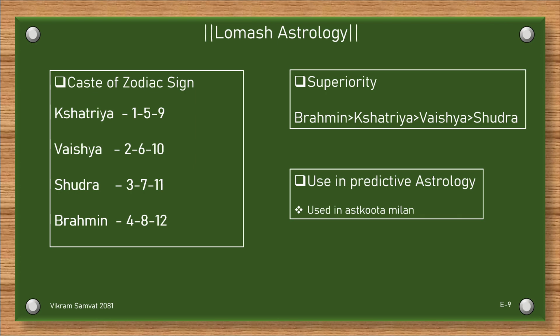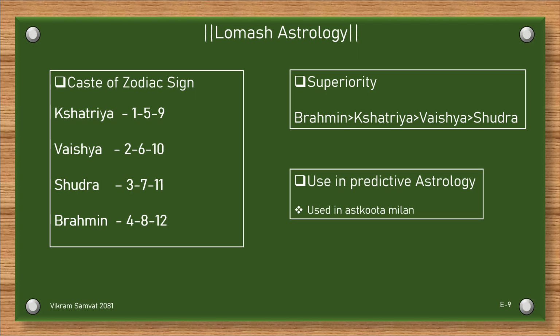If both the boy's moon sign and the girl's moon sign are Brahmin, then 1 point is given. If the boy's moon sign is superior to the girl's moon sign, then also 1 point is given. But if the girl's moon sign is superior to the boy's, then 0 points are given. So this is how it is used in matchmaking.